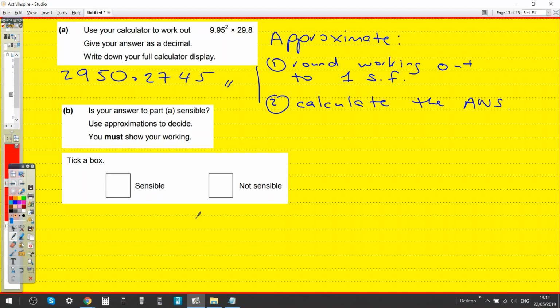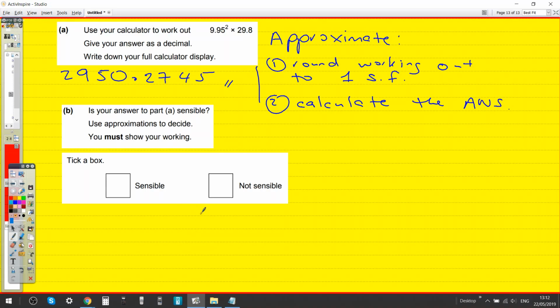So work out the answer and calculate that. So what was the working out for the previous one? The original question. Yeah. So 9.95 squared.